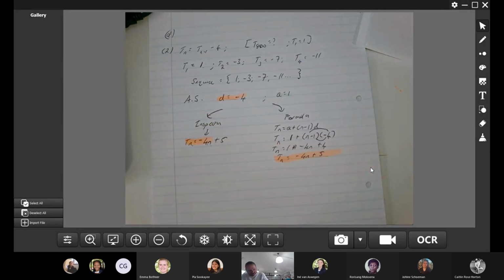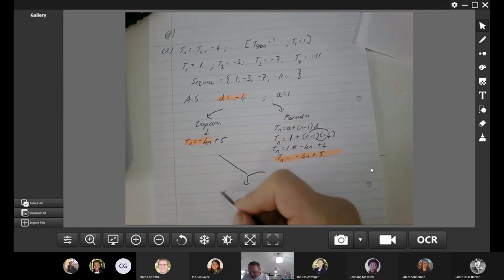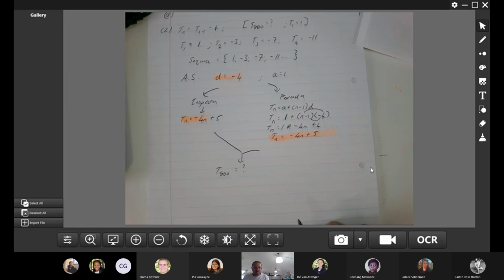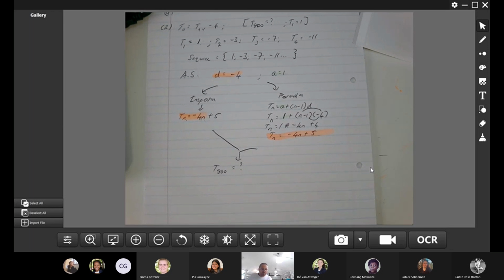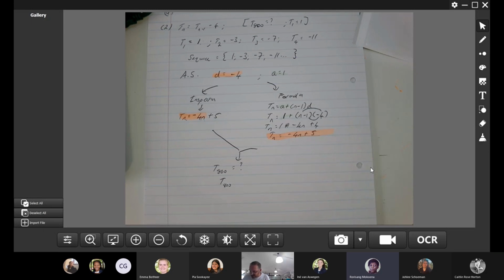Right, so we've got a formula now, Rory-san, and now they want us to find term 800. The term in position 800, what is the value of that going to be? So what are you going to do, Rory-san? You substitute 800 where n is written. Good. So you're going to write T subscript 800.